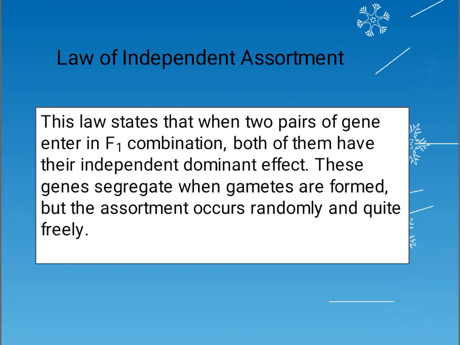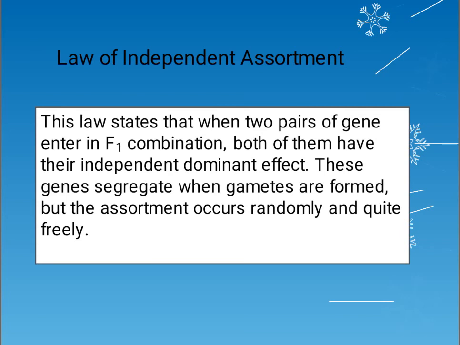So, whenever there is crossing of characters or genes in F1 generation, the alleles from one gene will freely combine with the alleles of another gene. Each of the two gene pairs, when considered separately, exhibits the typical 3:1 segregation ratio in F2 generation, and this is a typical monohybrid segregation ratio.